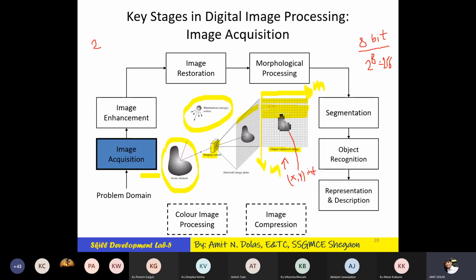Suppose I say a 2-bit image. Let's come to a small or easy example. So it will be 2 raised to power 2, which is 4. So 4 shades will be there. One is extreme black, one is extreme white, and two in between. So there will be 4 intensity levels here.